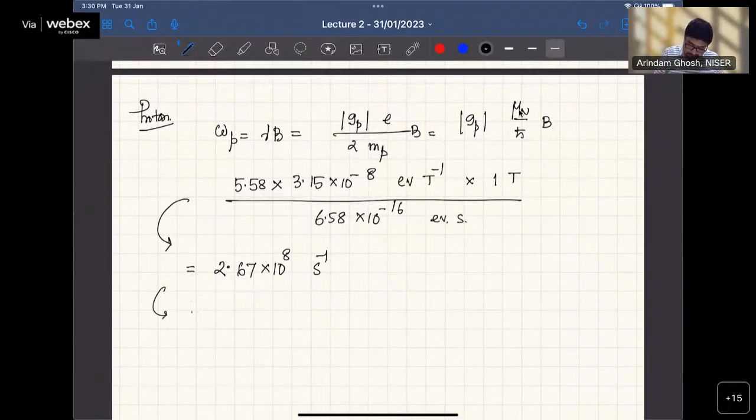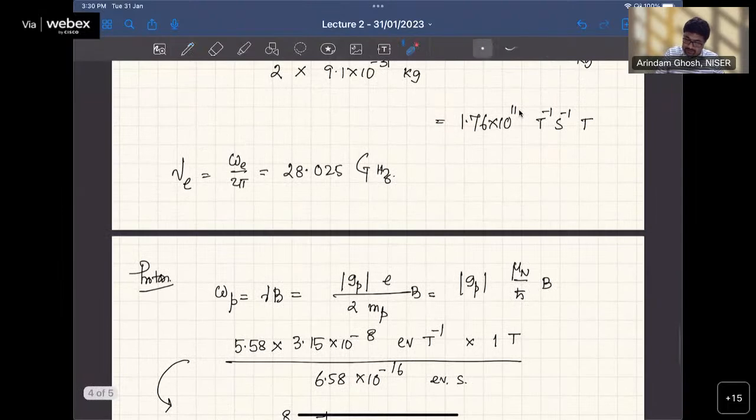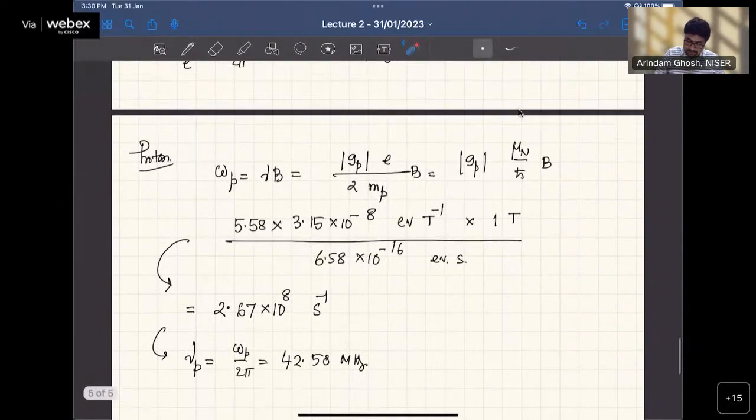Now, if I convert this into nu of proton, that's going to be omega of proton divided by 2 pi, and that's going to be something like 42.58 megahertz. Earlier this value was on the order of 10 to the power 11, but here it is 10 to the power 8.